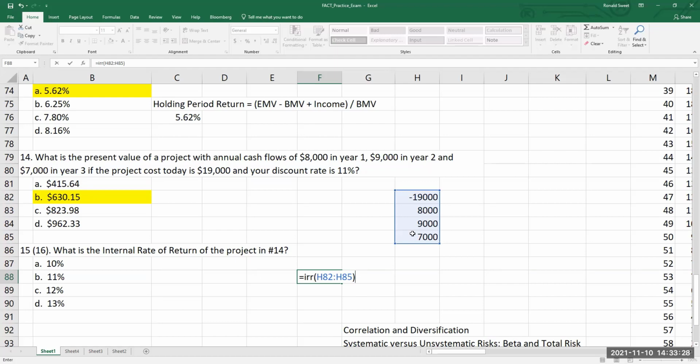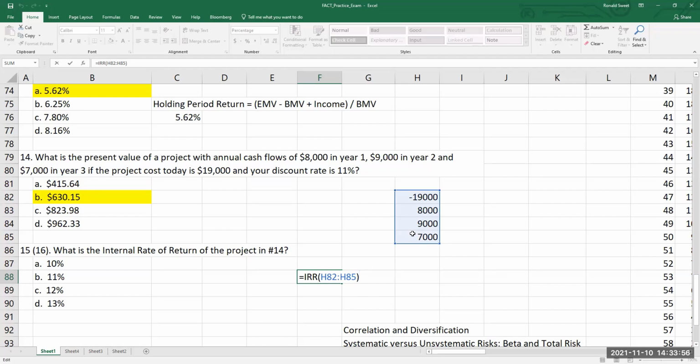You like with that one? Oh, I thought it was higher than that, but. So you got the 19,000 as a negative number? Oh, I was looking at mine, I'm sorry.